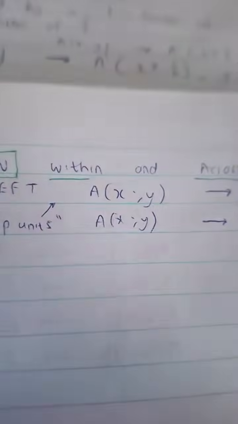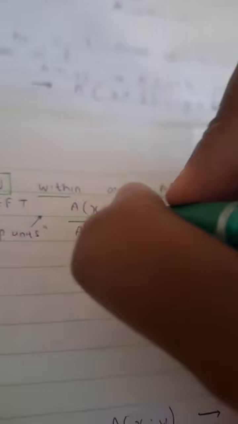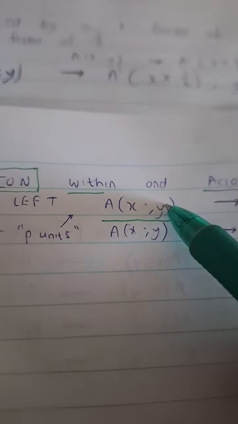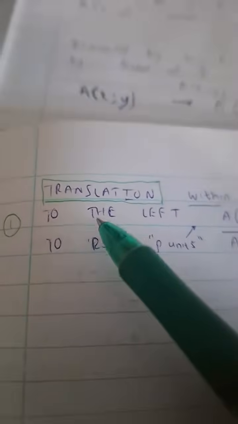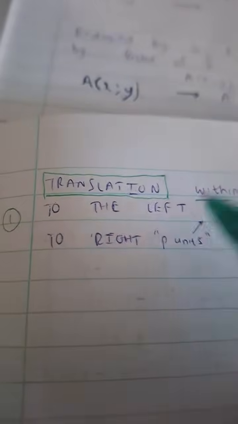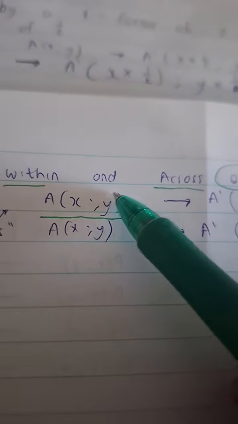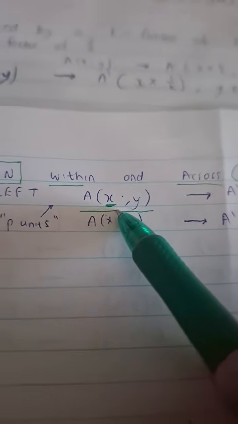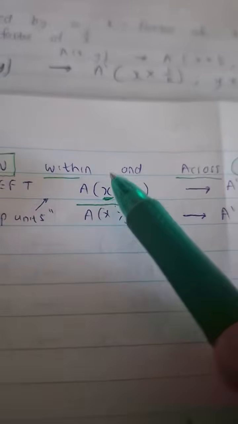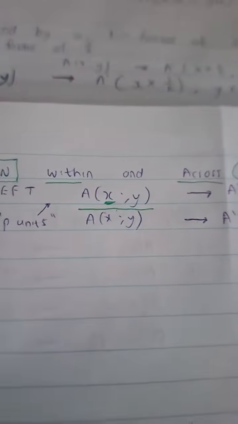If we look at an example here, let's say we have a point, point A, which has an x and a y coordinate. If this point A moves to the left, this is how the movement affects the point. First and foremost, movement to the left or to the right means our x coordinate is the one that is affected.